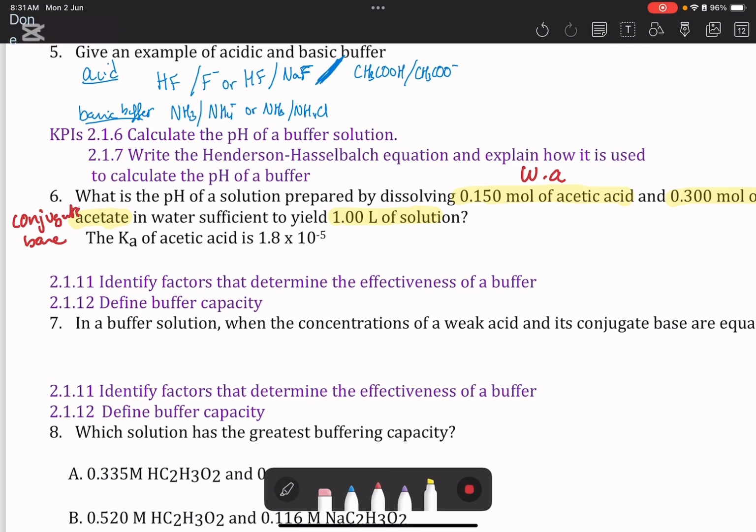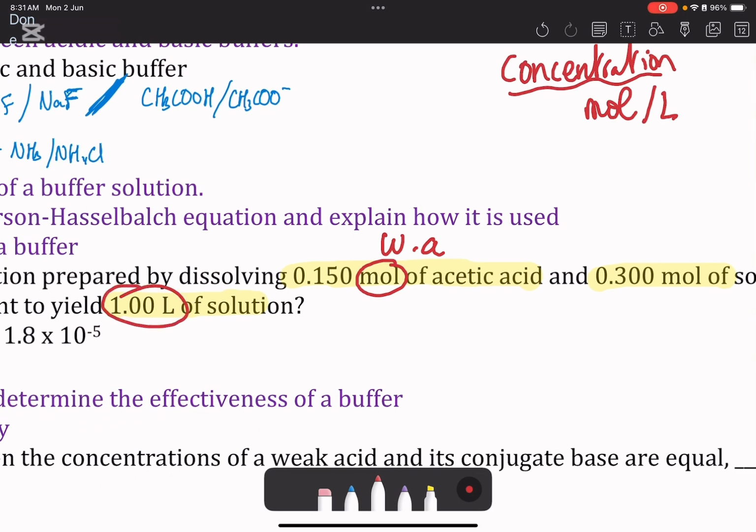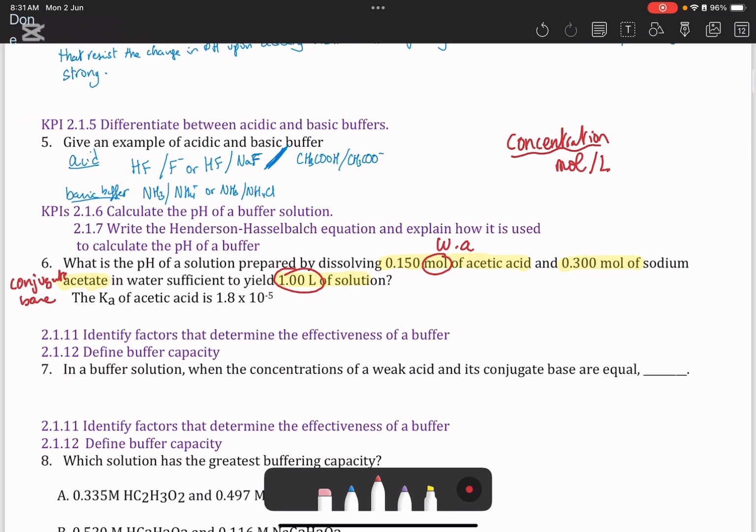Of course, we need the volume of this solution, because in finding the pH, when we use the Henderson-Hasselbalch equation, we need the concentration of acids and bases and not their moles. And the concentration, which is the molarity, is the moles per liter of a solution.